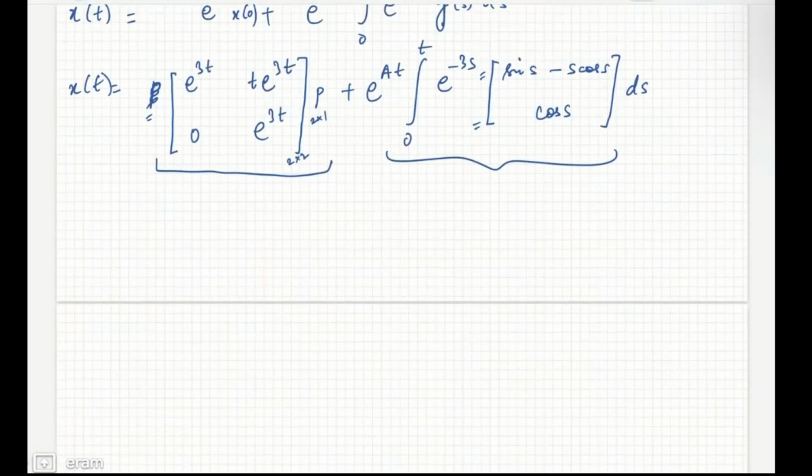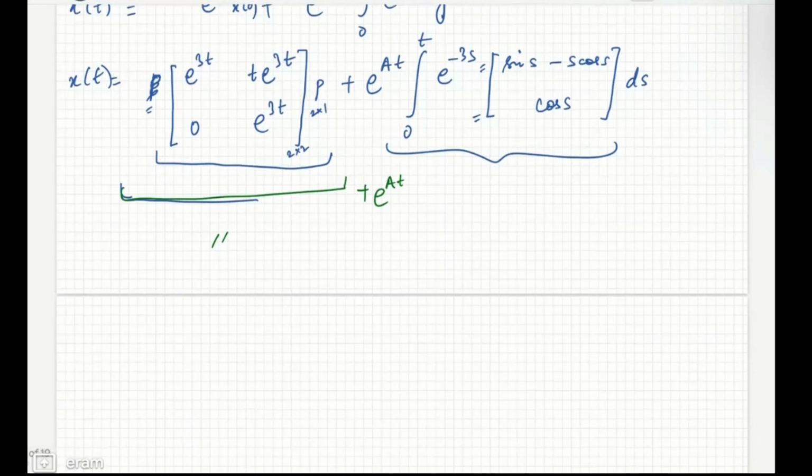Okay, now when you do this integration, this term will be as it is, plus e to the power At, and when you do this integration, it will be something like this.